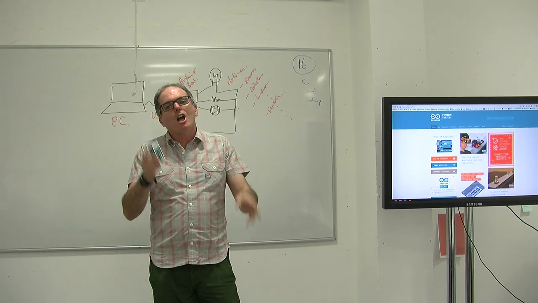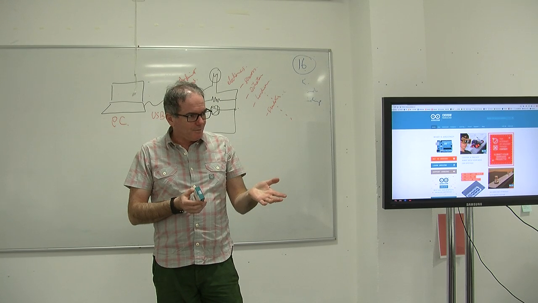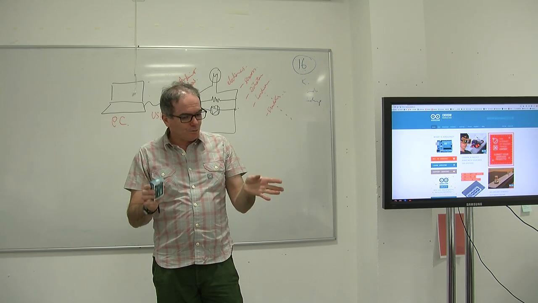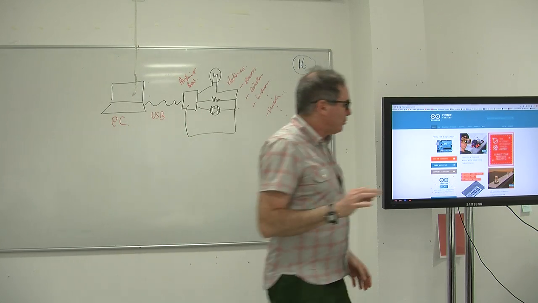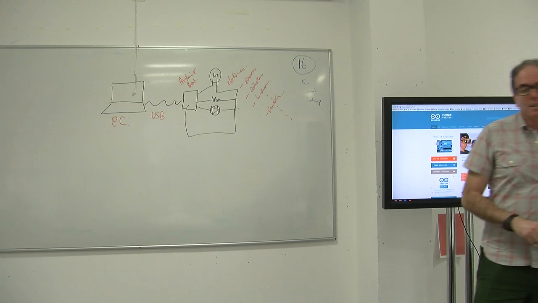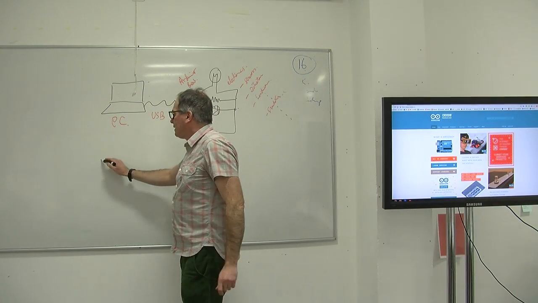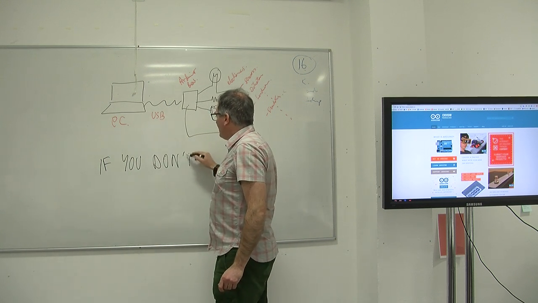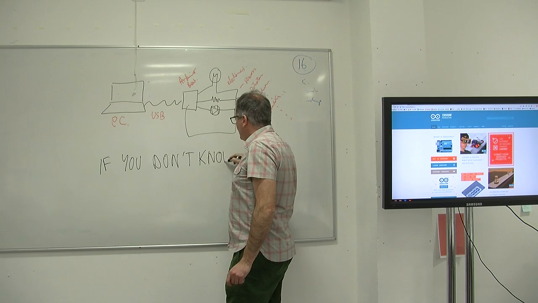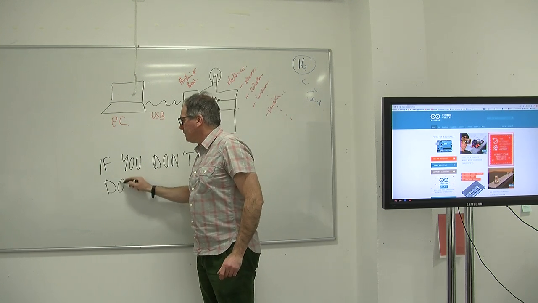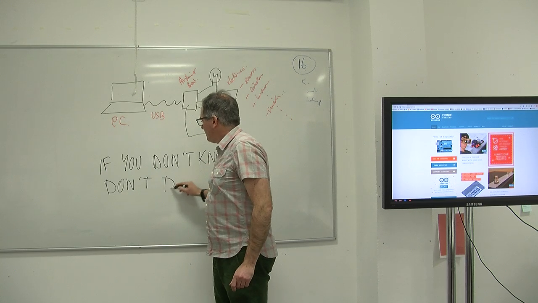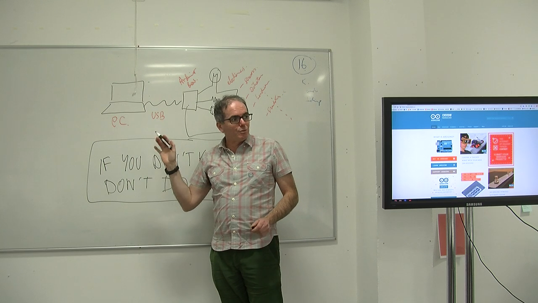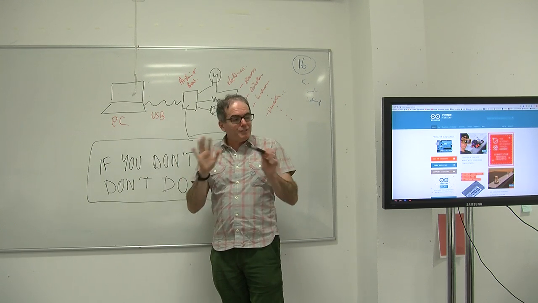Before you do anything, do not take initiative because you're going to damage things. So if you don't know, don't do. That's the first rule, and thank you for bringing it up. If you do not know, don't do, okay? That's the first rule. And there are a few rules you need to know. You don't know what's in front of you, don't touch it.